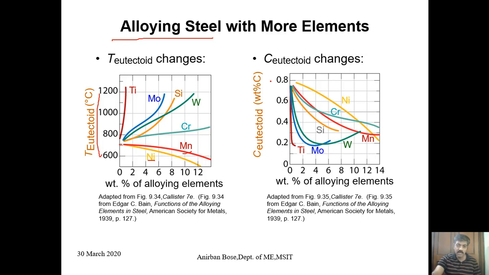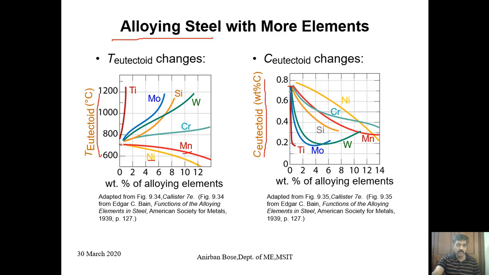Another one is the eutectoid composition. In a plain carbon steel, what eutectoid composition have we observed? In a plain carbon steel, the eutectoid composition was 0.76, right? But with alloying elements other than carbon, you see their effects. With the increase of silicon, chromium, nickel, you can see the eutectoid composition is decreasing.